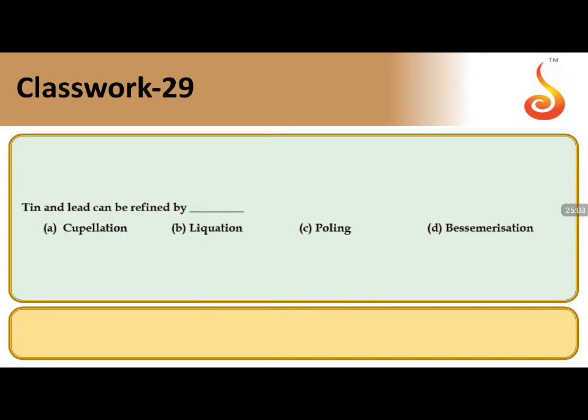Coming to 29, tin and lead can be purified by. The specialty of tin and lead is that they are easily fusible metals. What do you mean by this? That means they can easily melt into liquids. For liquids, melting point is the criterion for separation, and the process we use for a difference in melting points is liquation.